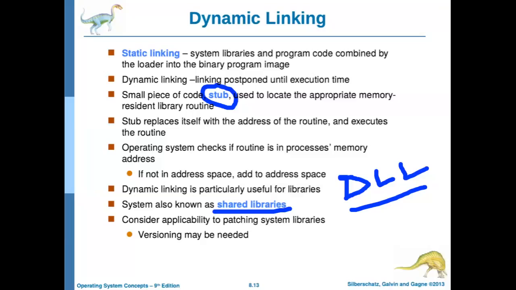So for example, if libgraphics is the name of my library, and the previous version was 1.3. Now I updated it to 1.4, but there are still applications with 1.3. So both libraries will be in the memory, libgraphics 1.3 and libgraphics 1.4. And when there are no applications making use of 1.3, then and only then will that be removed from the memory. So library versioning is most of the time used. So this is called dynamic linking.